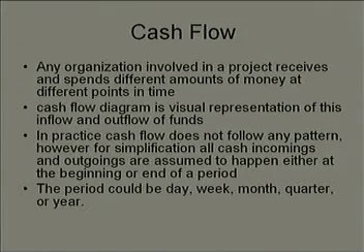Cash flows are occurring either at the beginning of a period or at the end of a particular period. Say for example, you are receiving certain money on 16th of July. You are receiving a certain amount of money, let us say X, on maybe 25th of July.